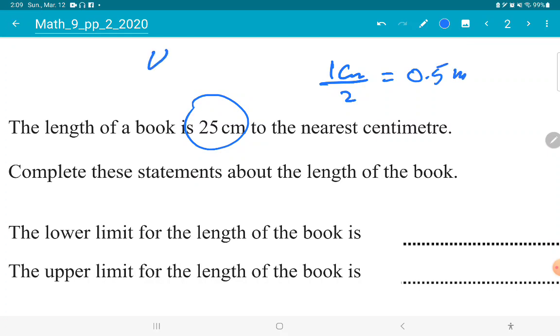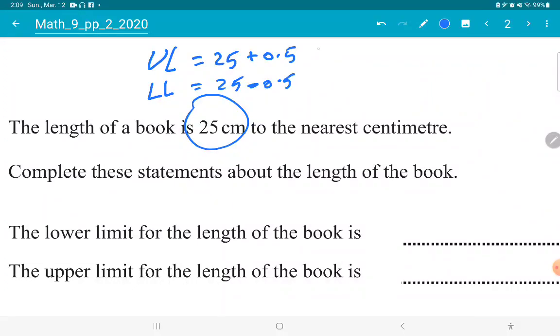So the upper limit will be 25 plus 0.5, and the lower limit will be 25 minus 0.5. Okay? So this will be 25.5 and this is 24.5.